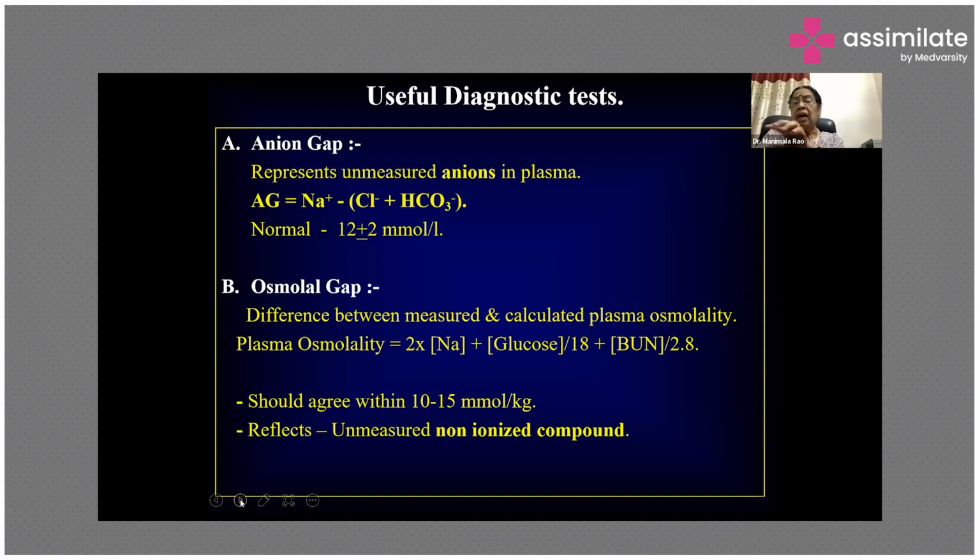So this measures the unmeasured non-ionized compounds. If you calculate the osmolar gap and also send it to the lab, and there is a lot of difference, then you can think that something is not right. Many times we don't send it, but occasionally we do send the osmolarity for calculating the osmolar gap. Okay, next.